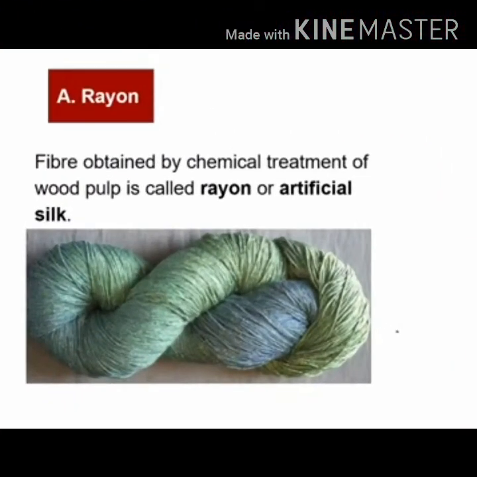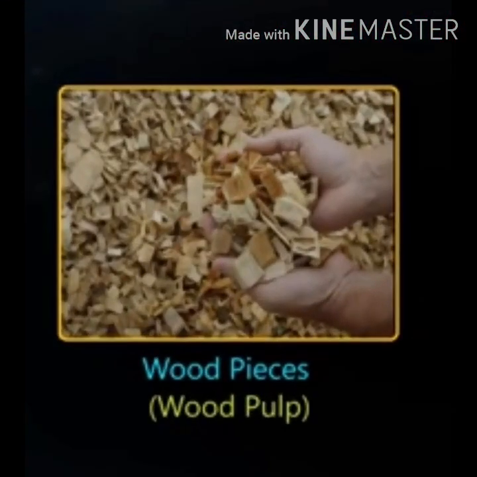Next, how is rayon prepared? Rayon is prepared by chemical treatment of wood pulp, and thus we call it a semi-synthetic fiber, because the substance used for its preparation is wood pulp, which is a natural substance. Students, in industry, the wood pulp which contains the polymer cellulose is chemically converted into soluble compounds.